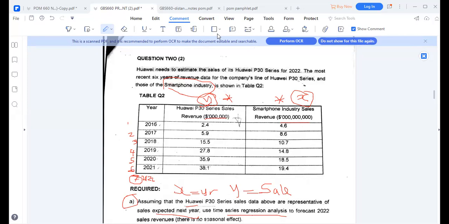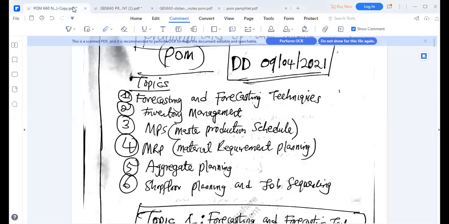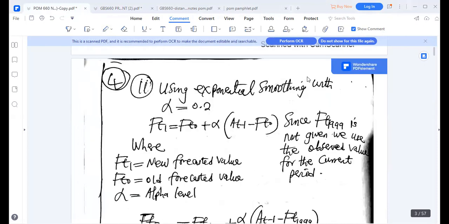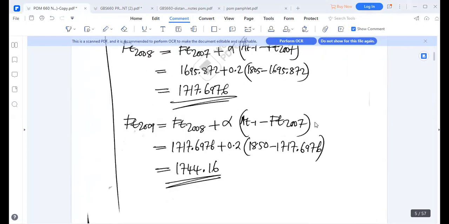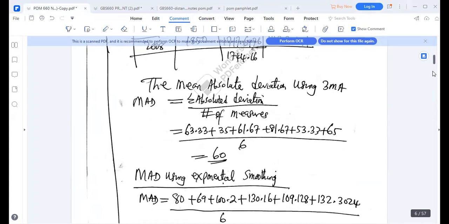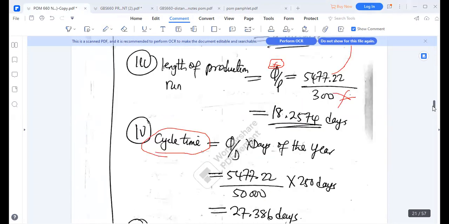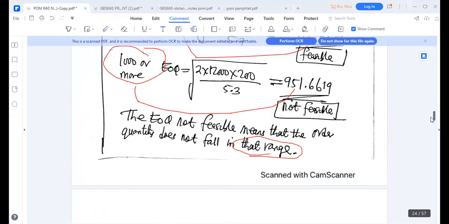All right, then. So the master production schedule is what we're looking at now. The MPS, the master production schedule, is the topic we are looking at.